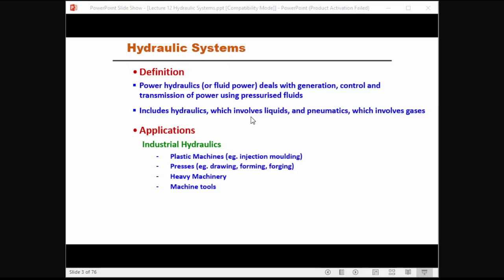Basically we can use hydraulic oils for this purpose. Hydraulic oil is used to transfer power within the hydraulic system, allowing for the operation of machinery and equipment.